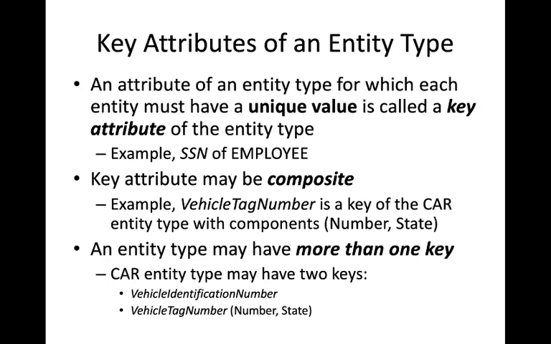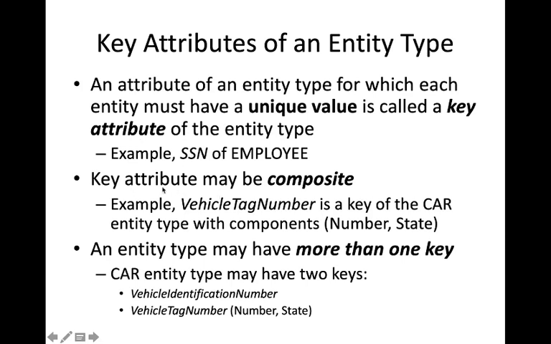Admission number is a unique value for each student. Or the Aadhaar number, it is also a key attribute. Or the university register number, it is also a key attribute. So it is an attribute of an entity type for which each entity must have a unique value. Then it is known as key attribute.